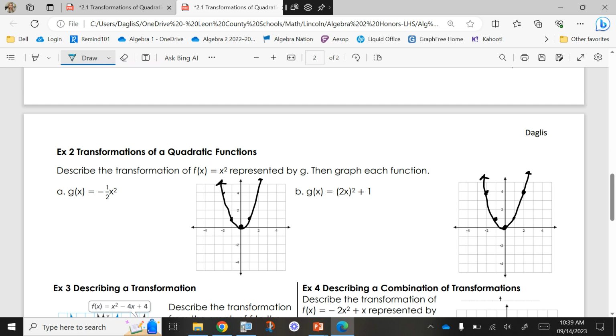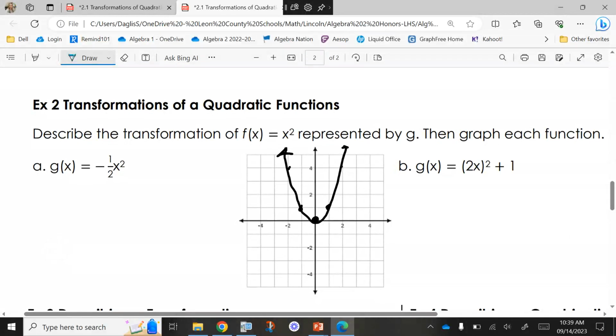All right, part A has been transformed, and it shows me by negative 1/2 x squared. So remember, the negative is something, and the 1/2 is something else. What is the negative on its own? A reflection across what? Reflect over x.